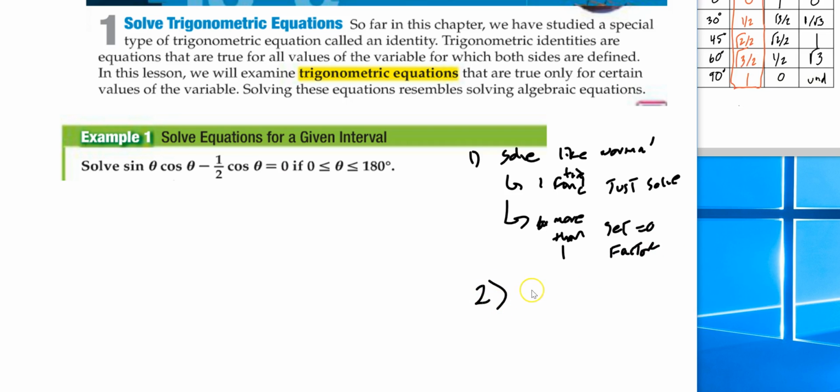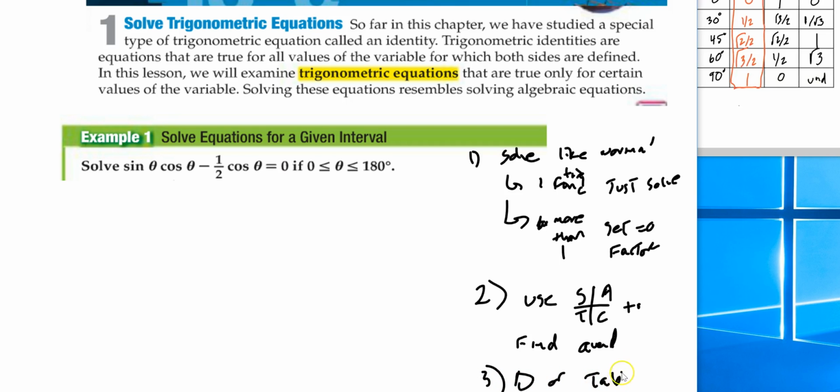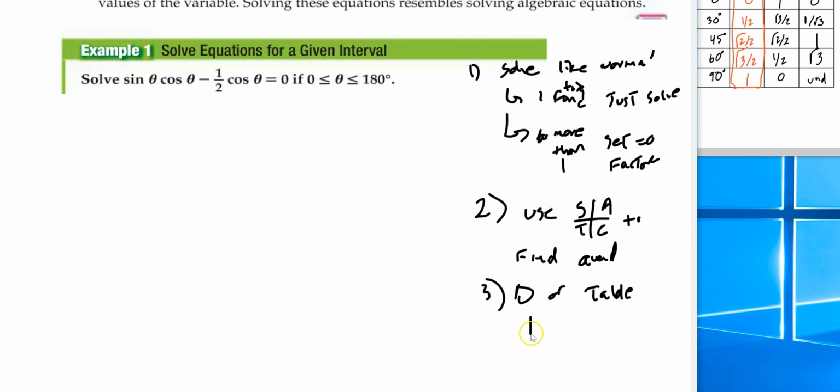Step 2, use All Students Take Calculus to find the quadrants we're going to use. And step 3, either use triangles or the table to find the angles, which is the answer.